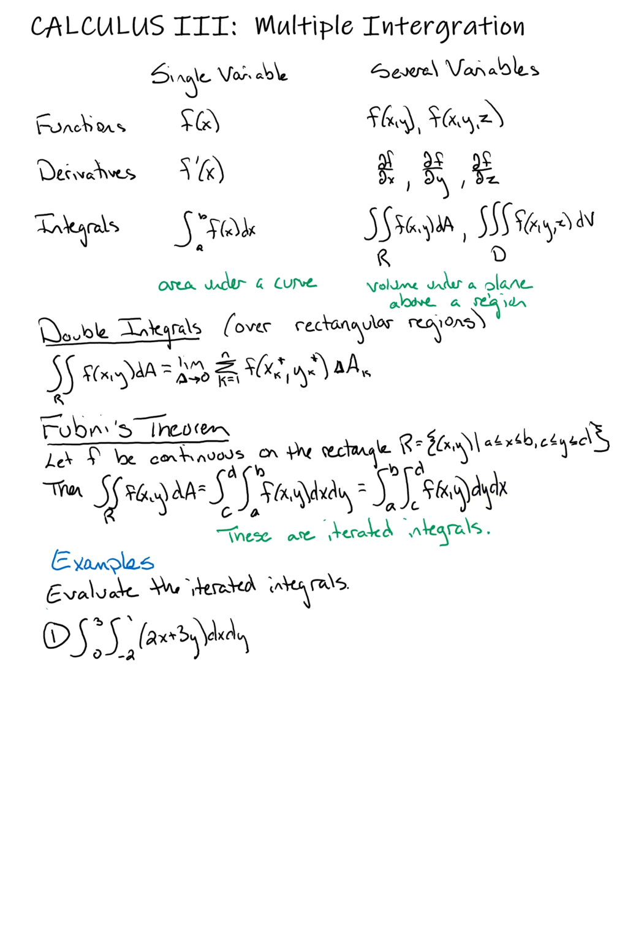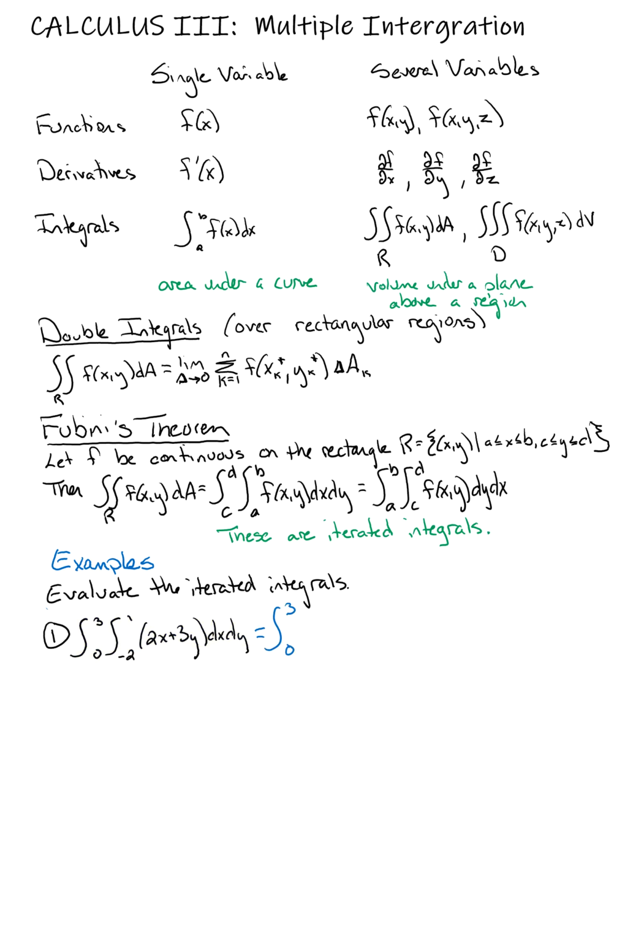Let's take a look at an example where we simply evaluate an iterated integral. Let's integrate from 0 to 3, and then from negative 2 to 1 of 2x plus 3y dx dy. Now in this particular situation, we are told which variable to integrate with respect to first, and that is x. So I'm going to keep that outside integral from 0 to 3.